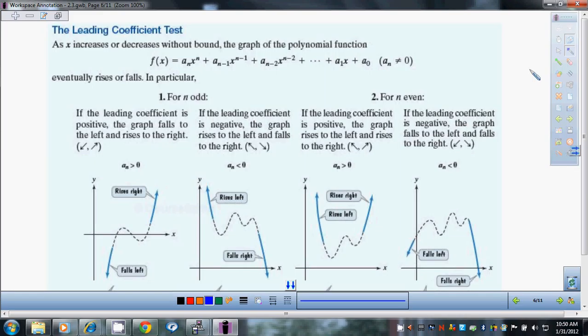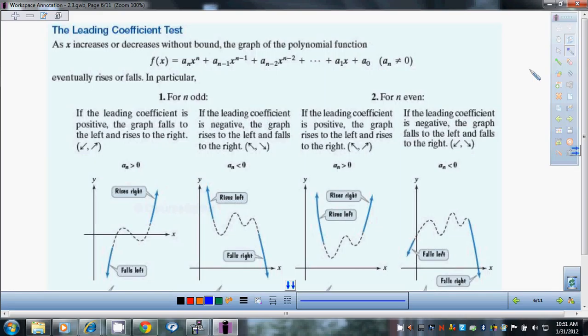The first thing you look for, if your exponent is odd, if your degree is an odd number, cube, fifth, seventh, etc. If it is an odd number, they're going to be going in opposite directions. You're going to have one pointed up, one pointed down. And I'll tell you about which is which in just a second. Which means as x goes to negative infinity, one of them is going to be going down.